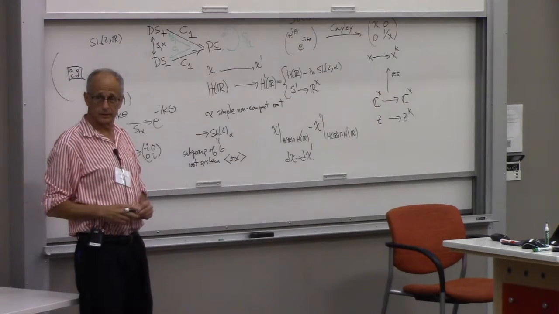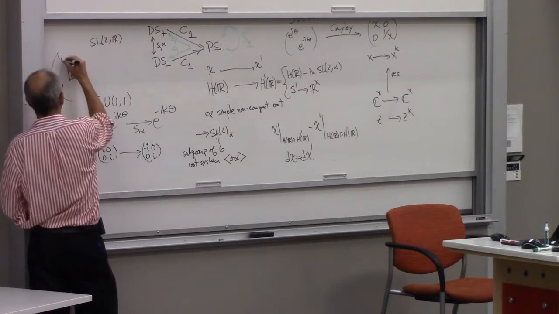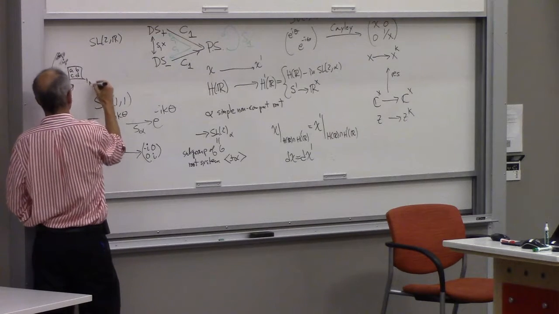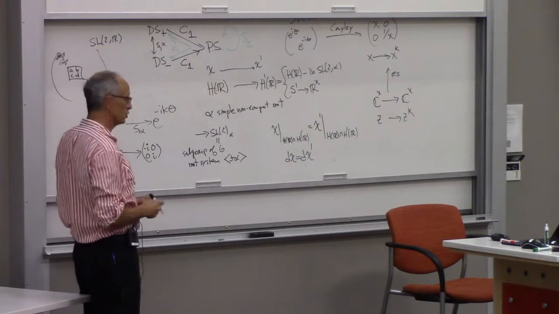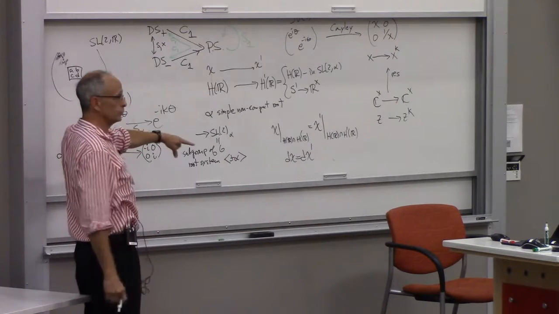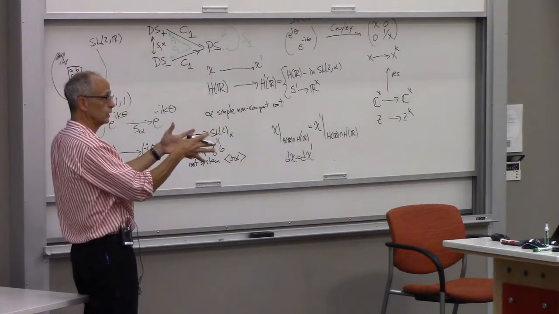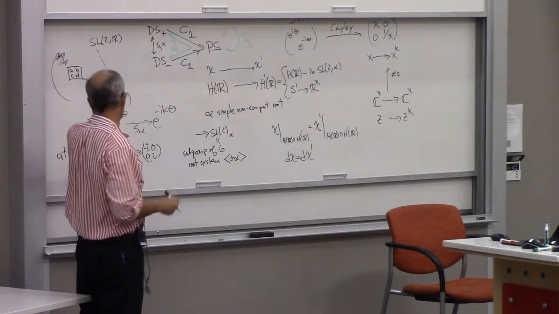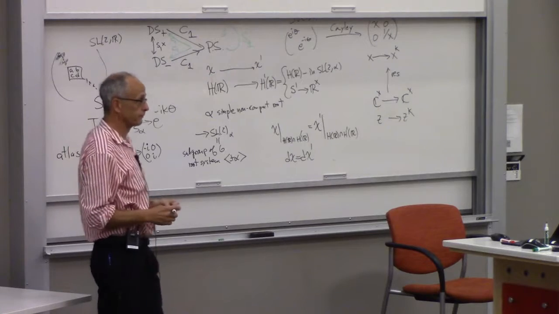Make it, anyway. Yes, I think it's better to. A1. So anytime you have a root, you can take a copy of SL2 generated by that root. On the Lie algebra level, it's generated by X alpha and X minus alpha.